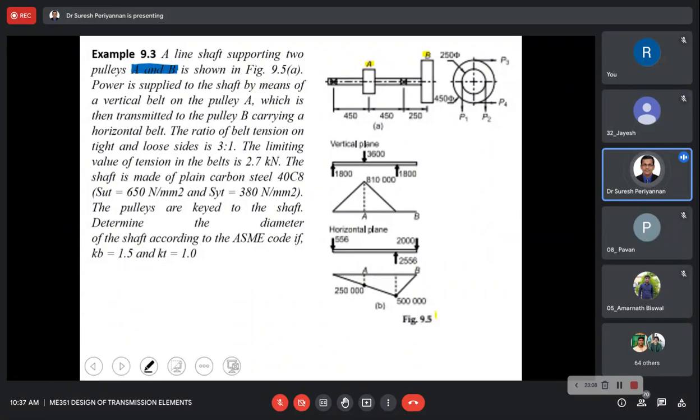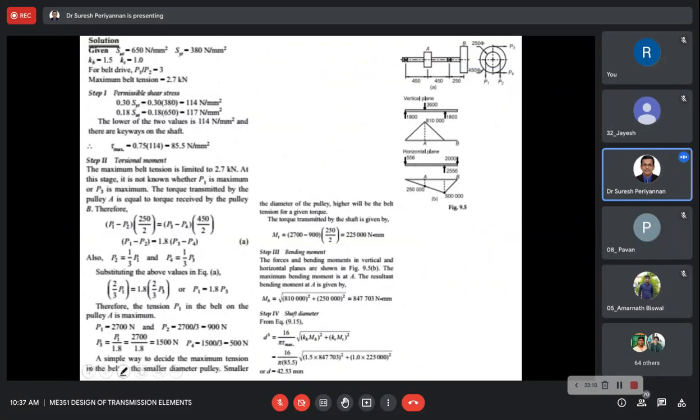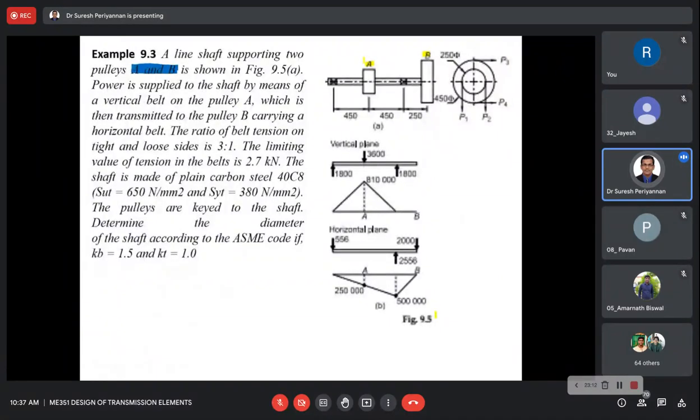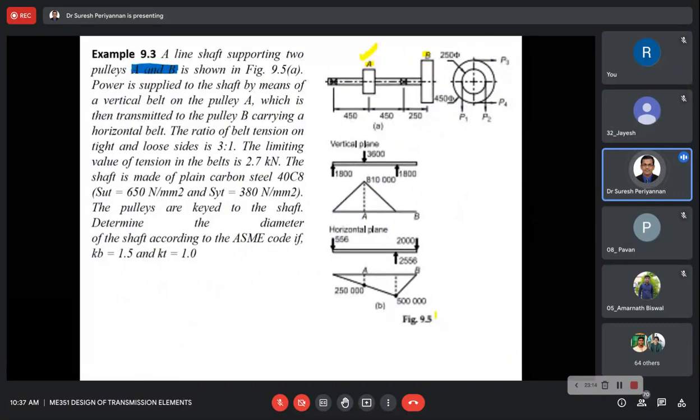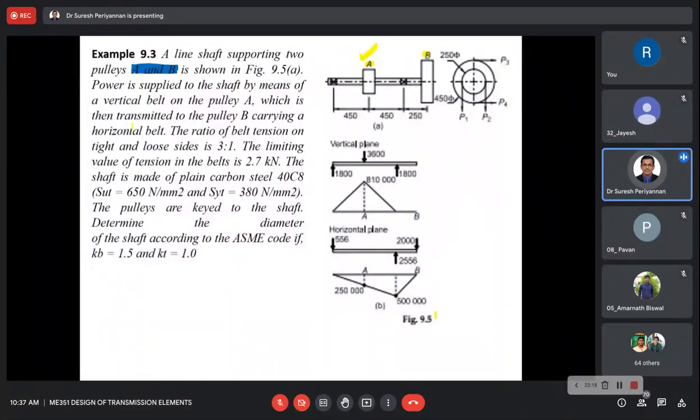It is transmitted to pulley B carrying the horizontal belt. Pulley B is connected to the horizontal power transmission.